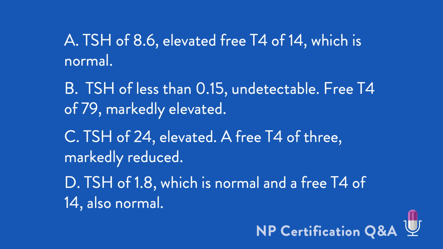Option B, TSH of less than 0.15 or non-detectable, and a free T4 of 79, markedly elevated. And by the way, that free T4 is about 3 times the upper limit of normal. Here we have the classic presentation of hyperthyroidism. What's happening here is the thyroid is throwing off hormone on its own.